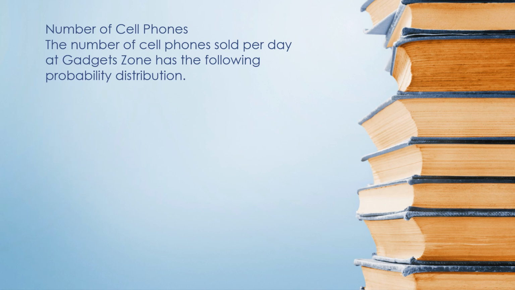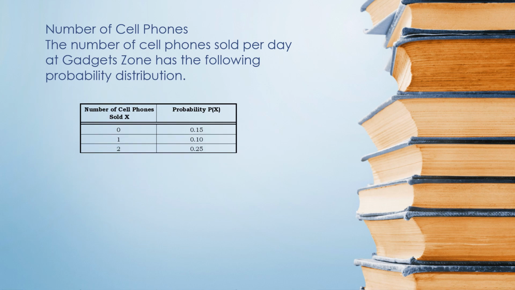Next example, the number of cell phones. The number of cell phones sold per day of Gadget Zone has the following probability distribution. Number of cell phones sold is represented by X and the probability of X. The probability of having 0 sold in a day is 0.15.